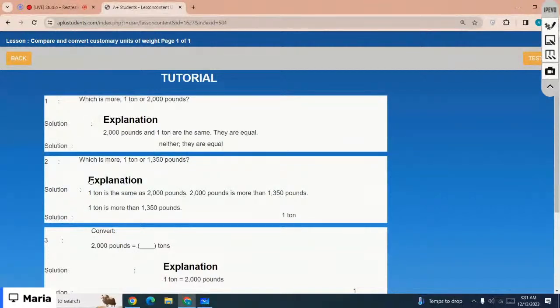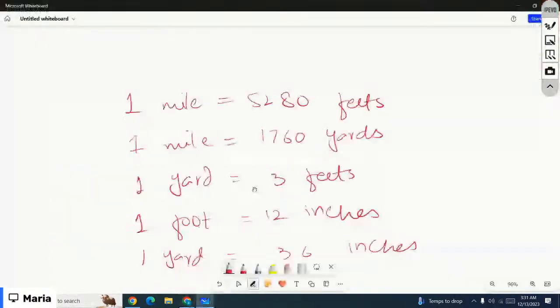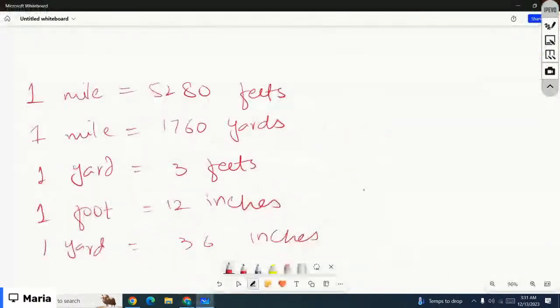I'm going to write them on the board so that you can remember them easily. 1 ton equals 2,000 pounds.